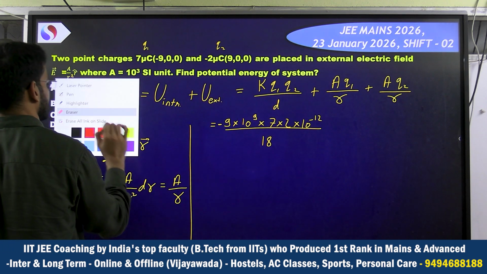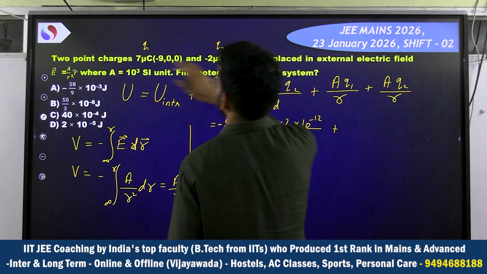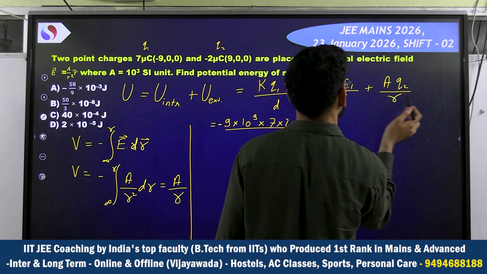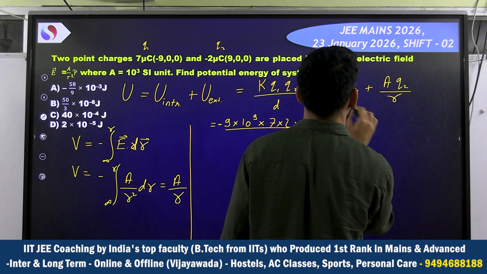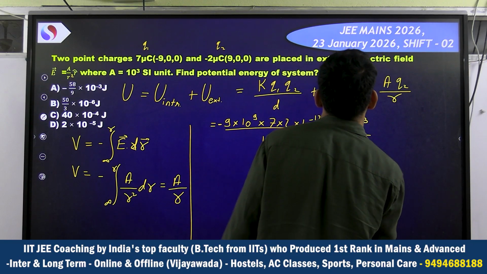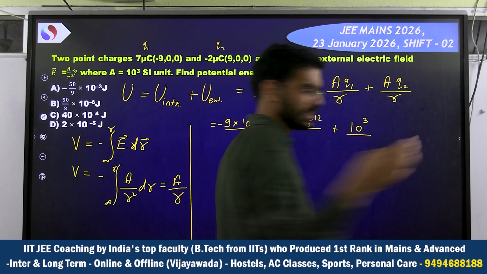I'm good with this. Okay, 18 plus here, k q1, I consider a positive charge, so here you will say a, which is the value given, but you can take the common, right? A by r you can take common. So a is 10 to the power 3 divided by r is also the same. They are at the same distance, 9 and 9, but that minus 9 will not matter here.